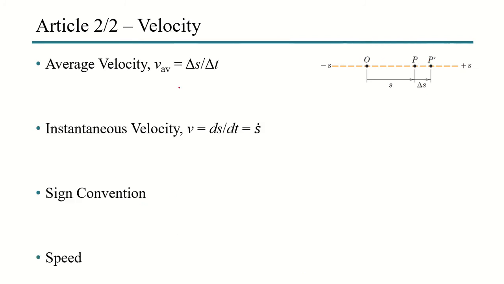Now for the velocity, we have what we call average velocity, denoted by the symbol V subscript av, which is equal to delta S divided by delta T. Can you still remember what is the unit of velocity?